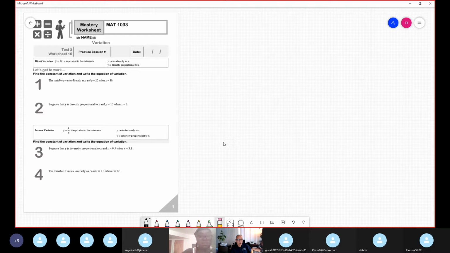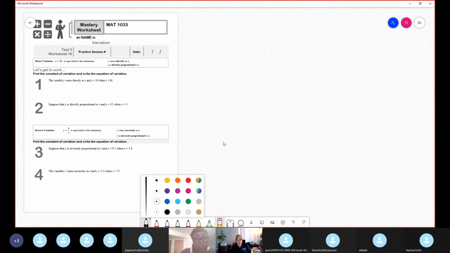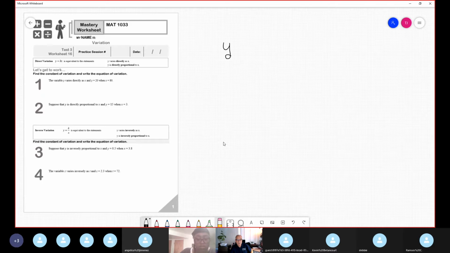Directly proportional is when you have, for example, one variable, y, directly proportional with another variable, x, when you multiply by one constant. K represents the constant. A constant is one number that I need to find sometimes. So this is directly proportional.